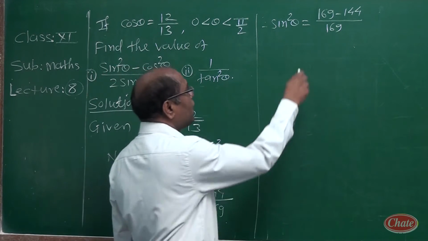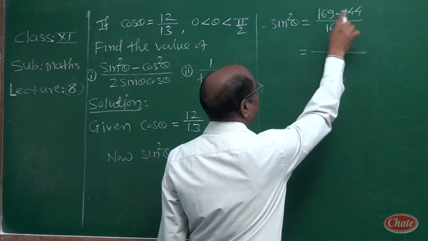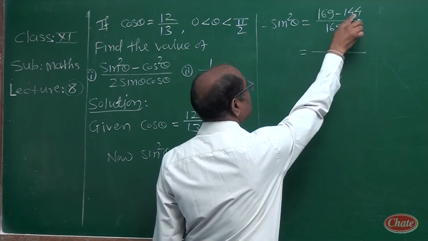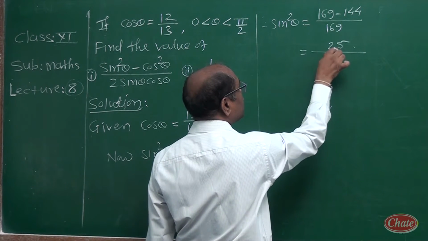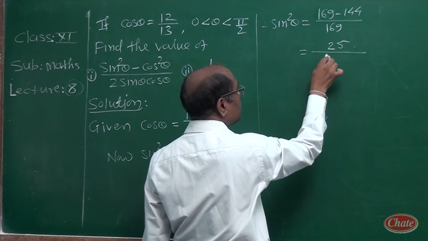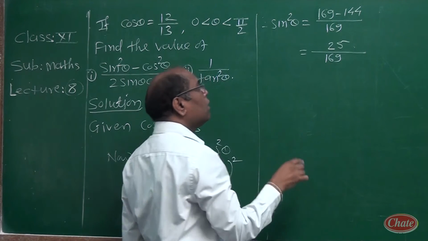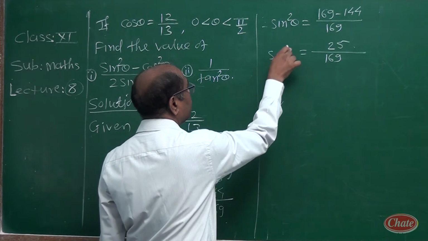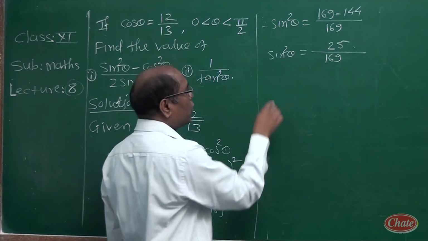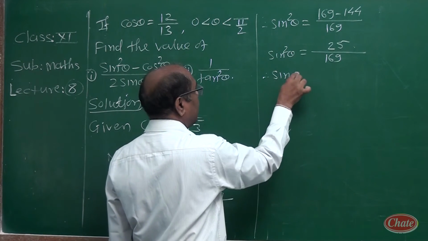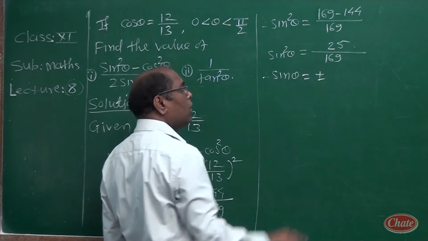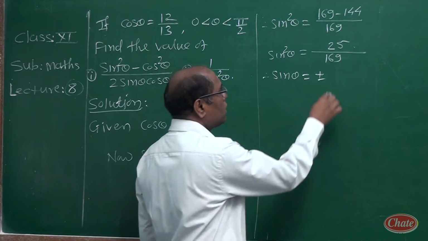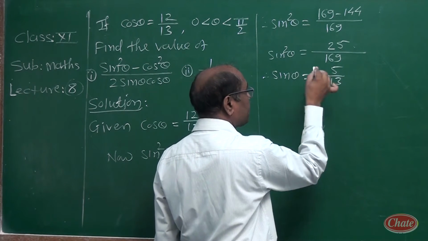So that is equal to 25 upon 169. So that is the value of sin square theta. Now take the square root here. Therefore sin theta is equal to plus or minus 5 upon 13.